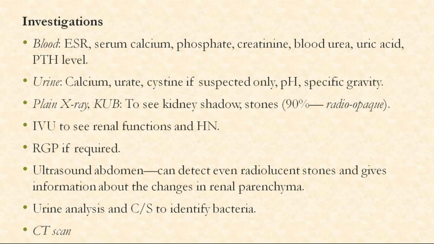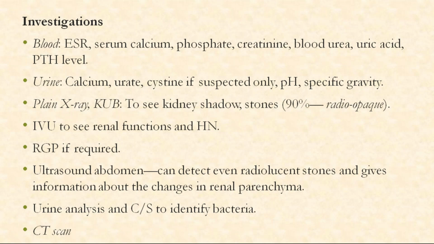Next, blood should be examined for some solutes like calcium, phosphate, creatinine, blood urea, uric acid, and parathyroid hormone levels. All these things should be examined in the blood samples.